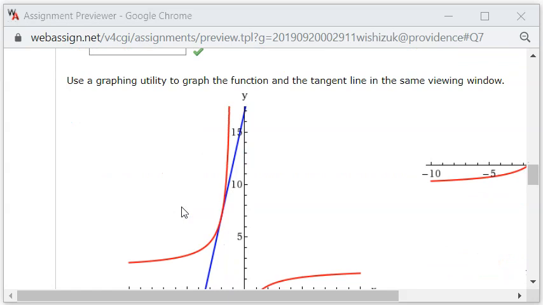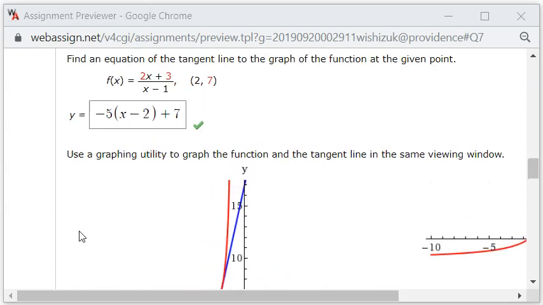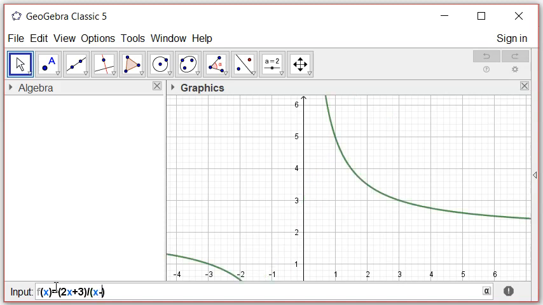We want to use the graphing utility to graph f and the tangent line. So I'm going to open up GeoGebra. f of x is 3x plus 3 over x minus 1.